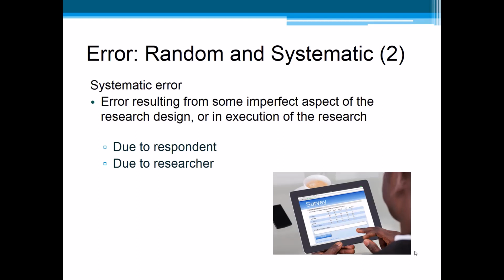So if you think about what we do as a researcher, perhaps we ask questions in a misleading way. Perhaps when we're coding up data, we misenter data. We would call this systematic error, especially if we're systematically doing it in the wrong way. So we're always accidentally, because of our typing style, hitting the button 6 when we should be hitting the button 7, for example, if it was a data entry error.